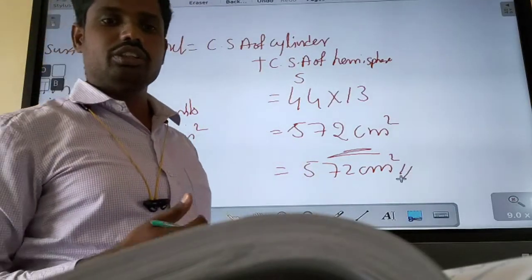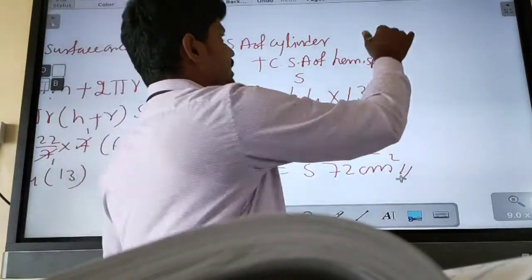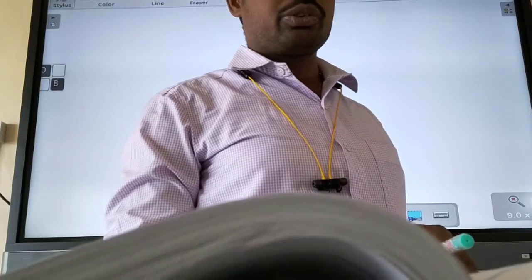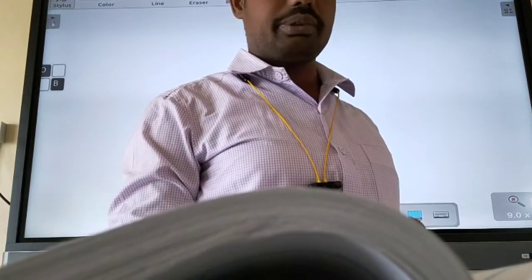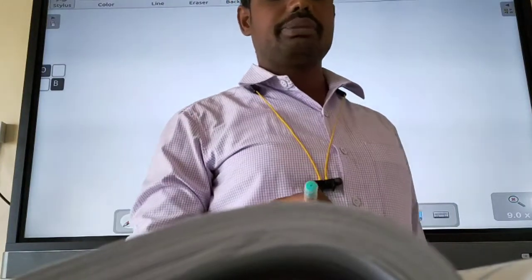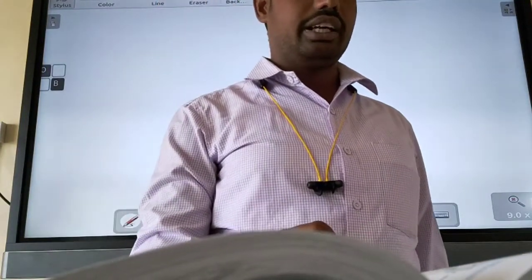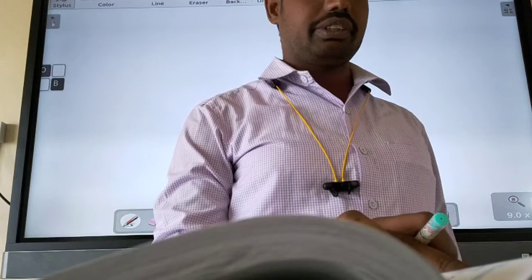Okay, next going to the third problem, children. A toy in the form of a cone of radius 3.5 centimeter mounted on a hemisphere of the same radius. The height of the toy is 15.5 centimeter.